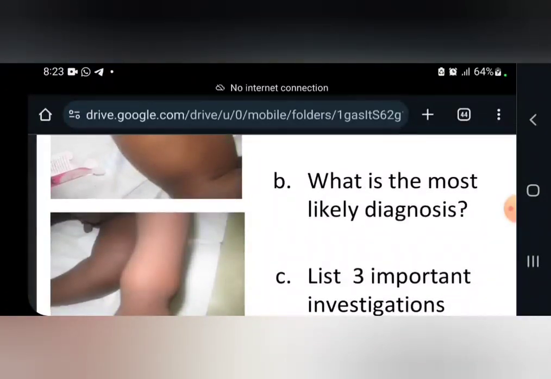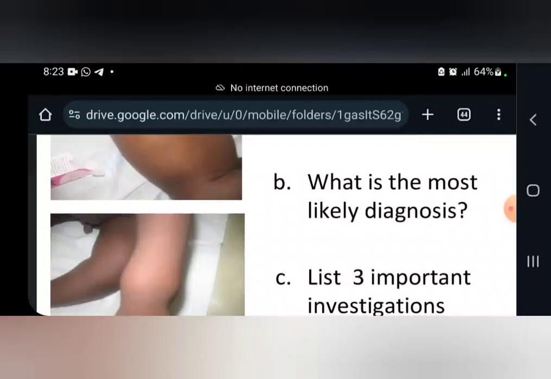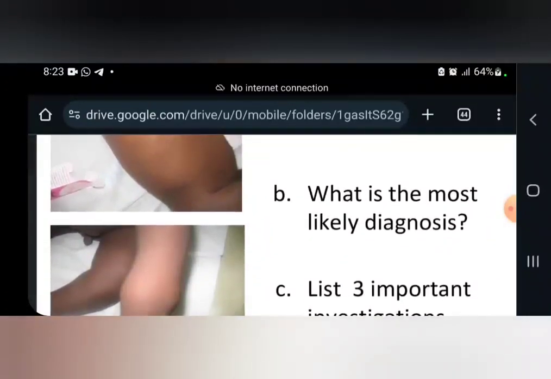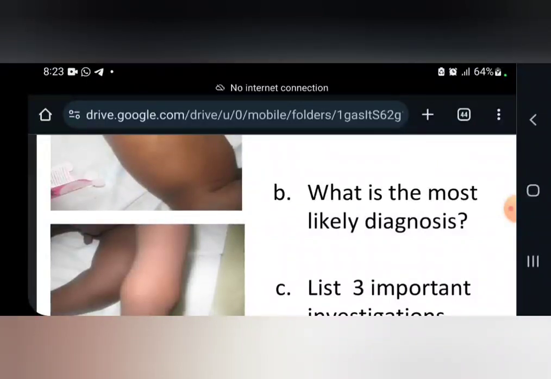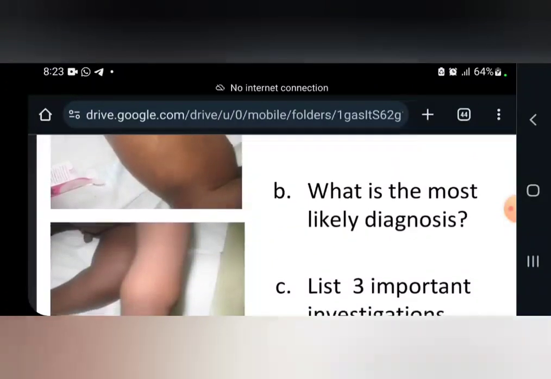In rickets, you have reduced bone mass, not bone density. It's a reduced bone mass as a result of decalcification and a concomitant increase in the organic part of the bone that is called the osteoid tissue.